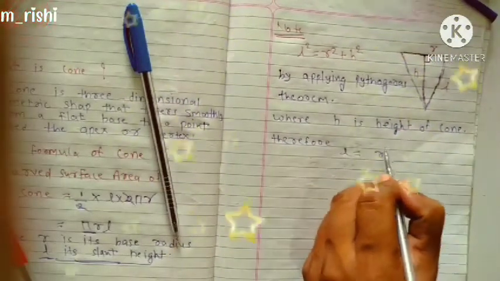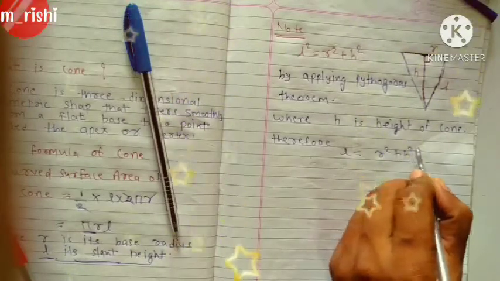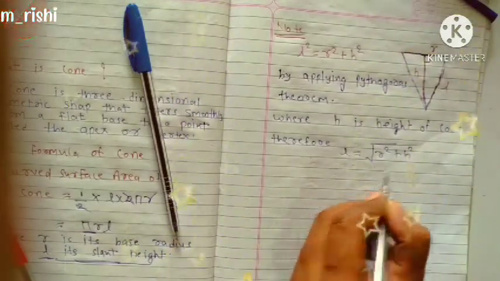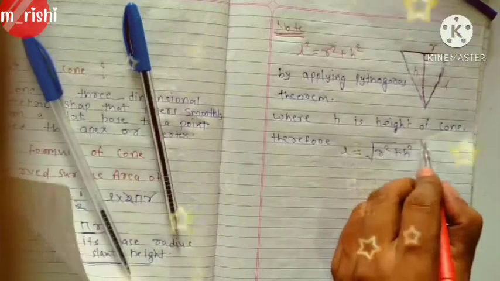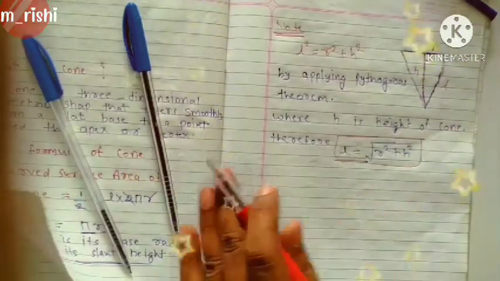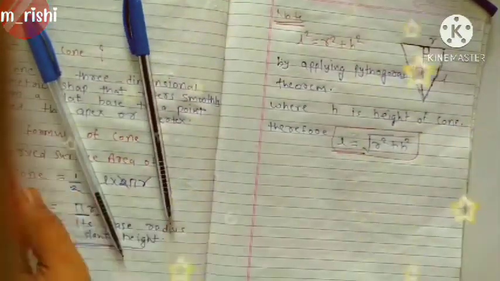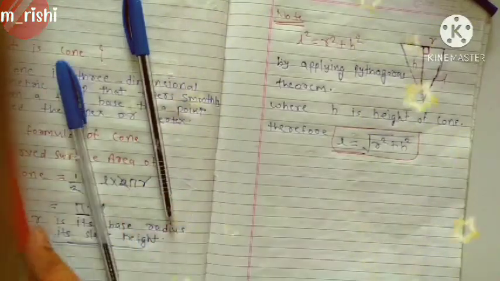Therefore, L equals the square root of r square plus h square.